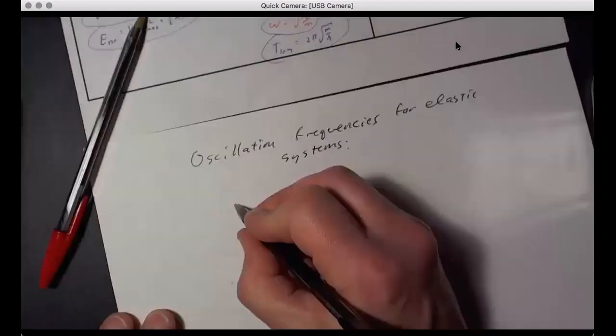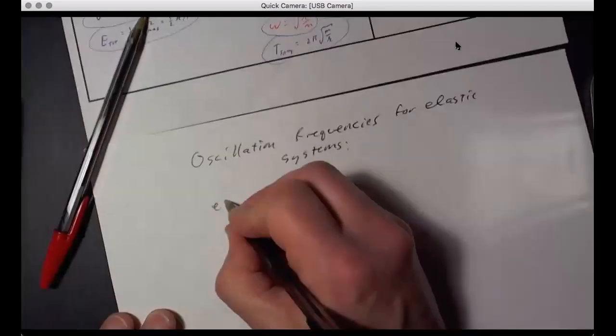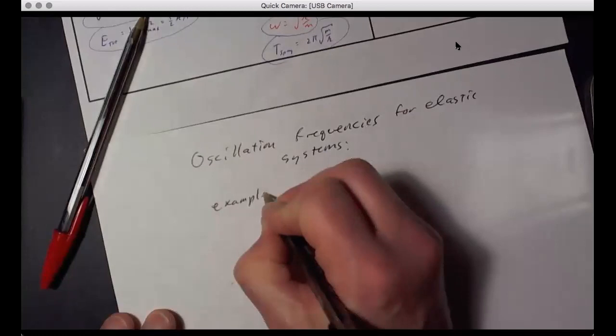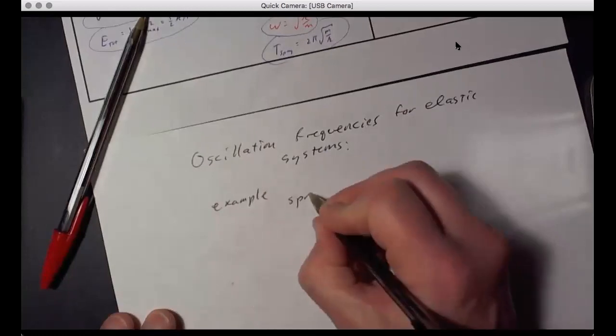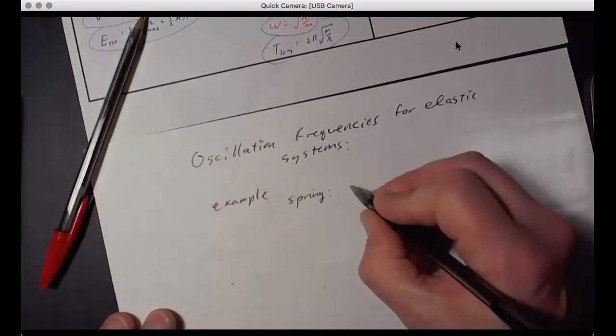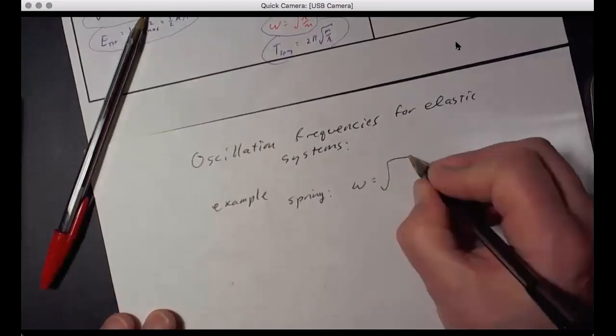So here we have an example, a spring. Omega is equal to the square root of k over m.